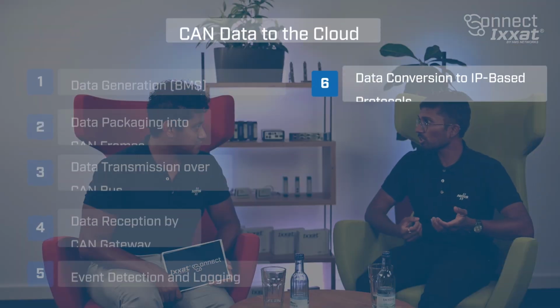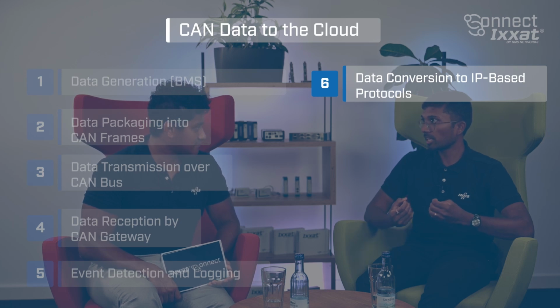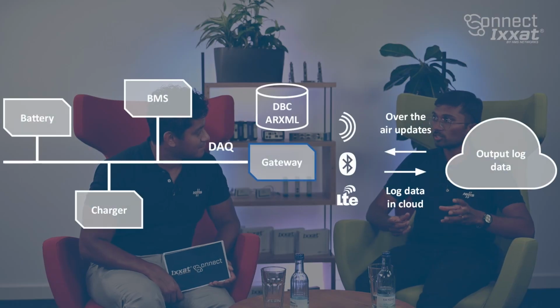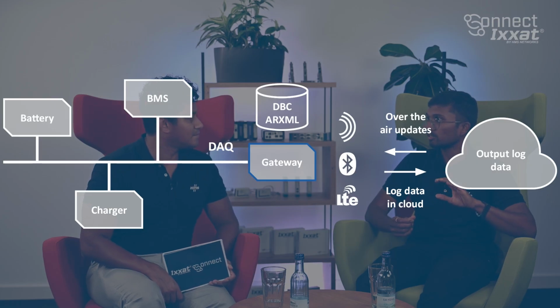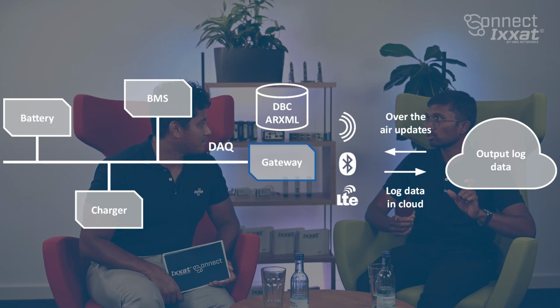In the next step, the data is being transferred either to a local storage device or via IP-based protocols into the cloud. For this, there are two different options. One is to store the data in your device locally and transmit only event-based or specific information into your cloud, or to have your data streamed directly into the cloud.